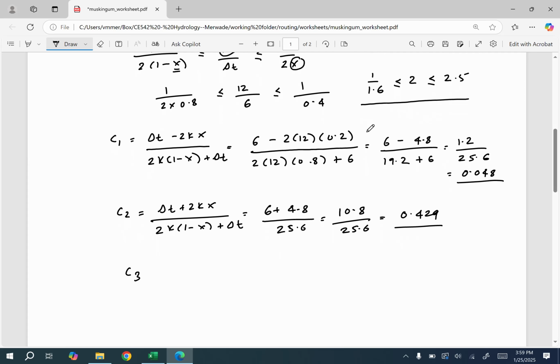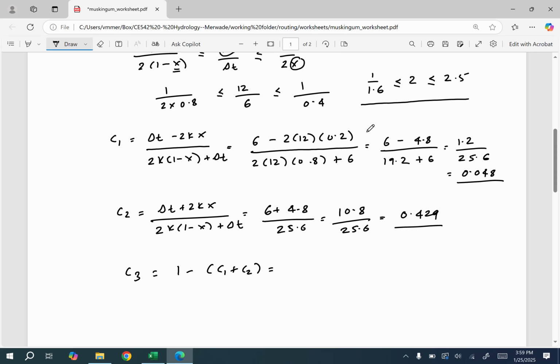C3 you can calculate by using delta T and K and X, or you can say 1 minus (C1 plus C2). I will still write down the expression in case you want to calculate that.